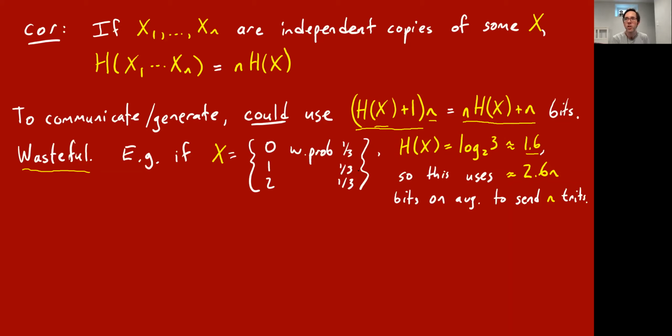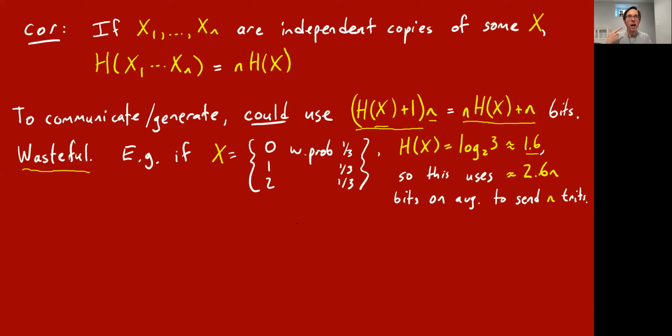And so overall, you'd be using 2.6n bits on average to send n trits. You can see that's kind of a waste, because if you have n draws from this random variable x, it's like you're getting a random number written in ternary with n ternary digits. So it's basically a random number between 0 and 3 to the n minus 1. You should really be able to encode it with a number of bits that's the log base 2 of that, which should give you log base 2 of 3 per trit, like 1.6n bits.